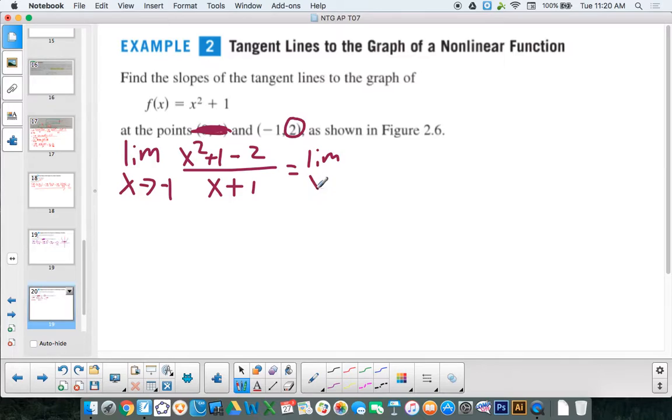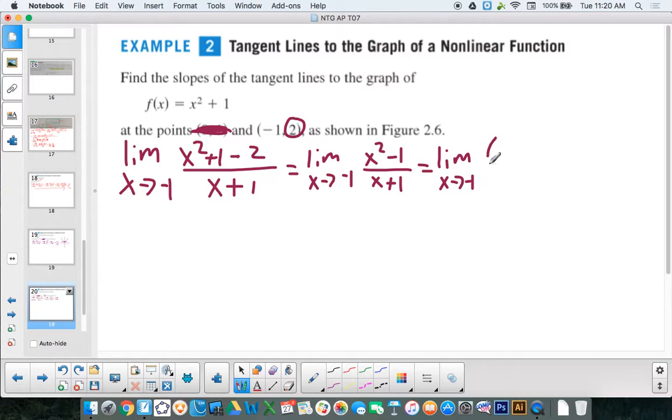Clean that up a little bit. We've got the limit as x approaches -1 of (x squared - 1) over (x + 1). Alright, plug and chug, we get 0 over 0. So we've got more work to do.